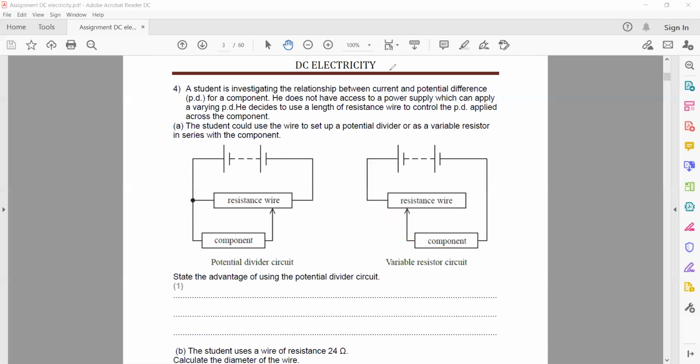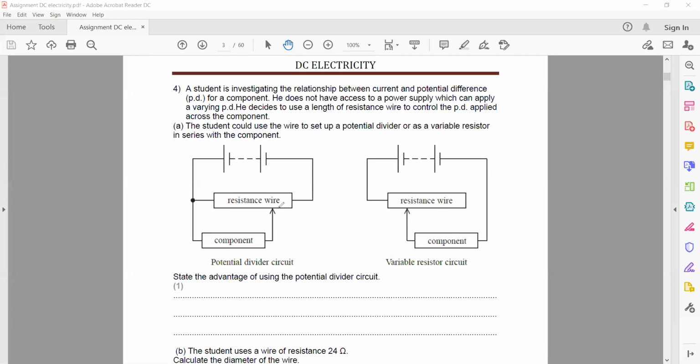But if I change the position of the resistance wire to the opposite end, some voltage drops in the resistance wire and some voltage drops across the component, but there will still be a voltage across the component. So we cannot reduce the voltage across the component to zero.